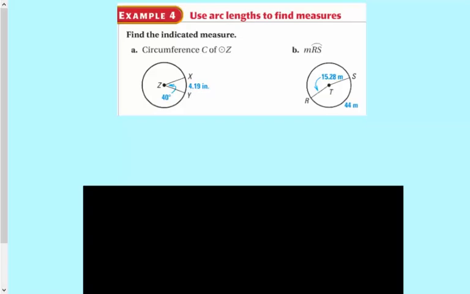Okay. Let's do some different problems for you guys so that you don't see the same problem over and over again. Circumference, we want to find the circumference of the circle. Okay, so I know the arc length, and the reason why this is the arc length is because it's in inches and not in degrees.